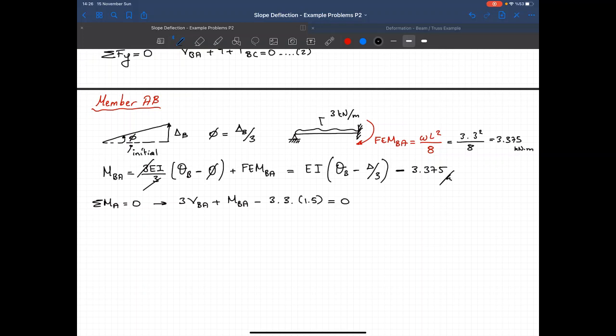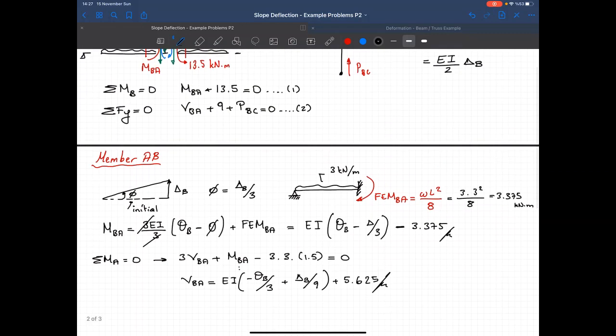Put MBA into that equation and calculate what VBA is, and at the end you will get VBA equal to EI times (minus theta B over 3 plus delta B over 9) plus 5.625, and that's our second equation.